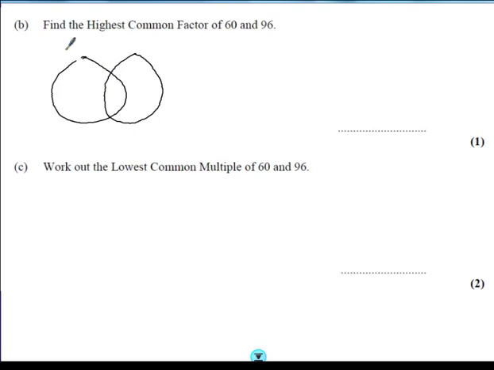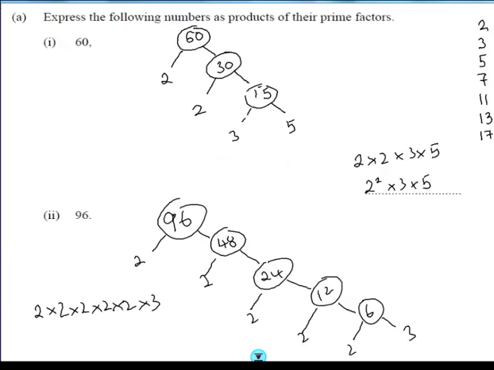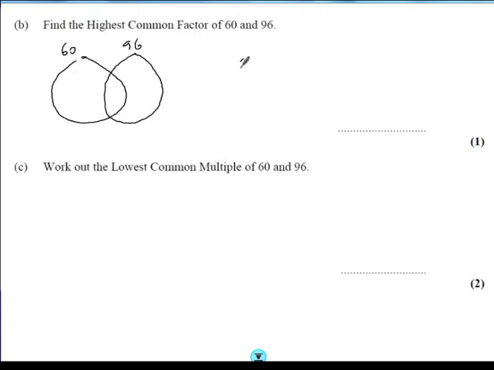This circle is going to represent 60 and this circle is going to represent 96. If we look back, 60 is 2 squared times 3 times 5.